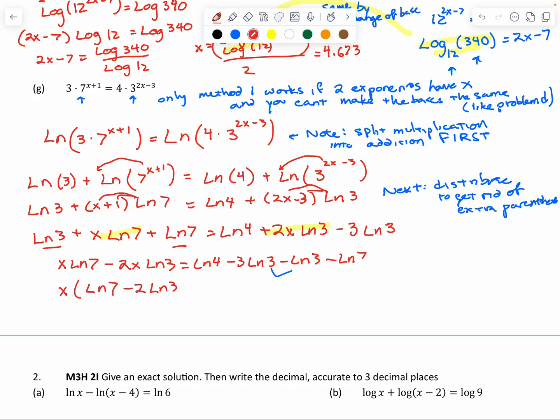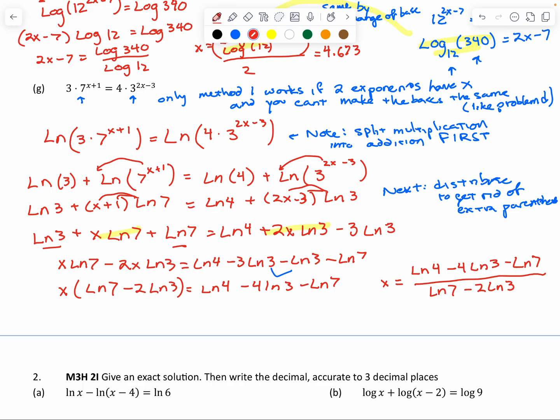Before you can divide, you need to factor the x out. So x ends up being ln 4 minus 4 ln 3 minus ln 7 over ln 7, because you're dividing by what's stuck to x.